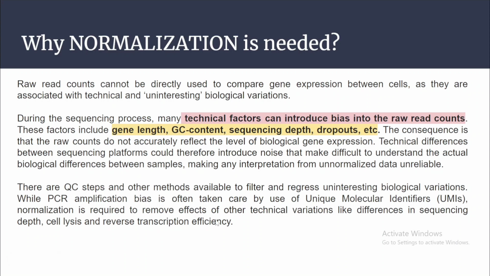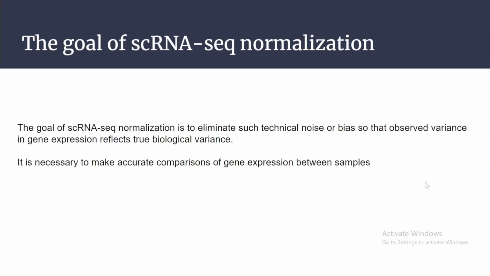To remove the effects of other technical variations like GC content, gene length, sequencing depth, cell lysis, and reverse transcription efficiency. The effects of these technical factors need to be removed. That's why we have to perform normalization on our data. It is necessary to make an accurate comparison of gene expression levels between samples.